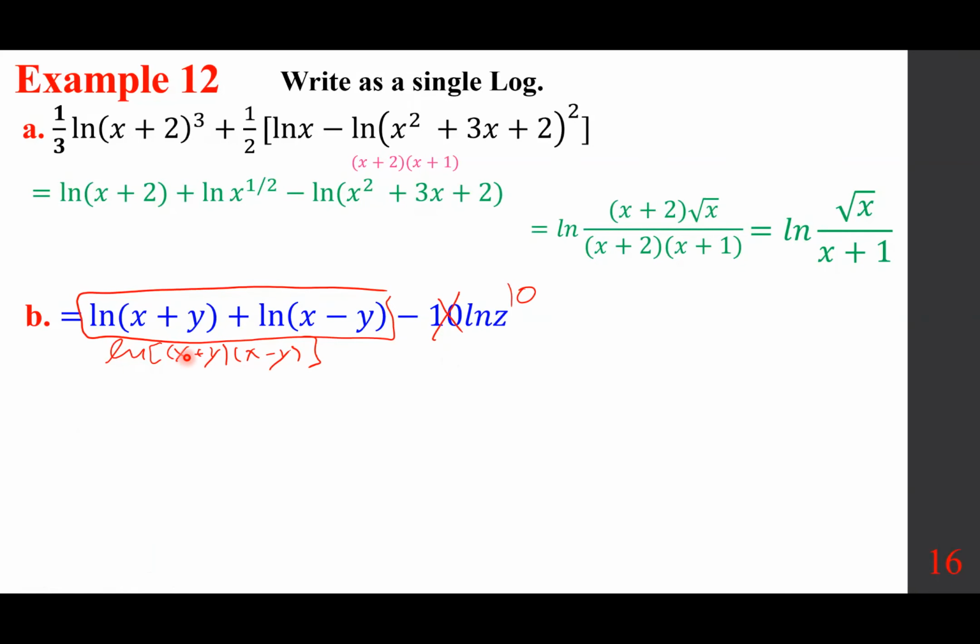So the result will be ln of the brackets over z to the power of 10. As you can see, the product of these two is x squared minus y squared. So this is your final answer, everybody. One more time, ln of the brackets over z to the power of 10. The brackets is x squared minus y squared.